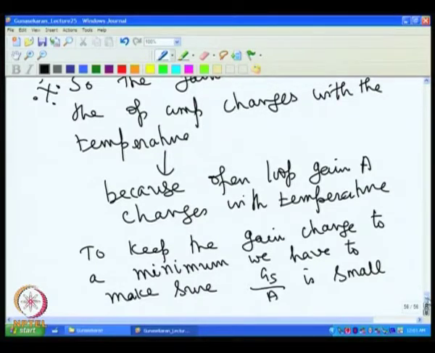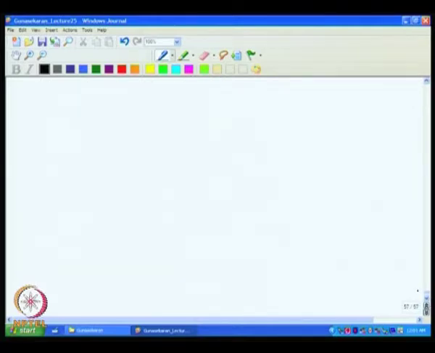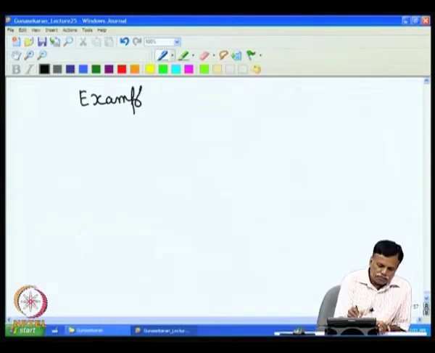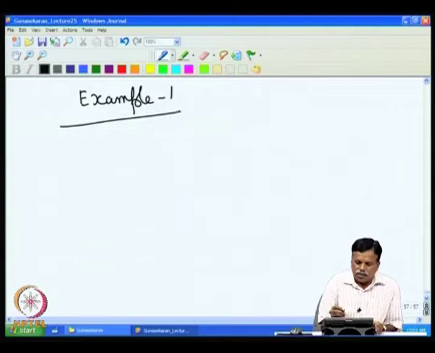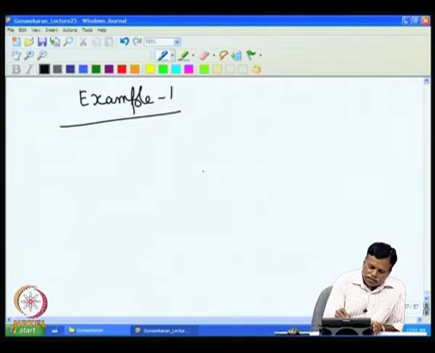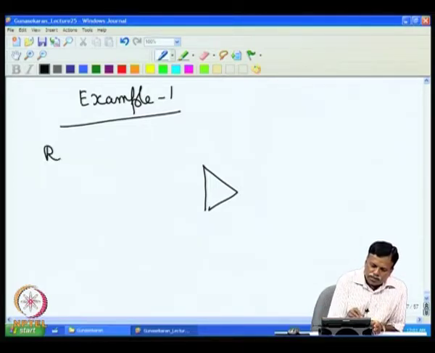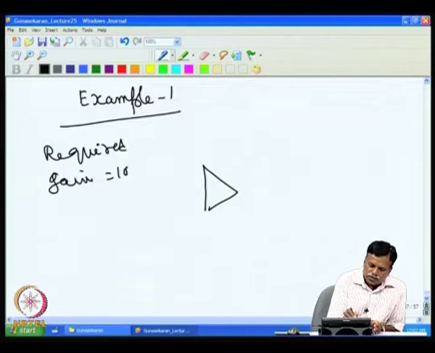Now, let us work out one or two examples to illustrate this point. So, for example, example 1 we take. In this case, we want to have a gain of 1000. Suppose we assume the required gain is 1000.